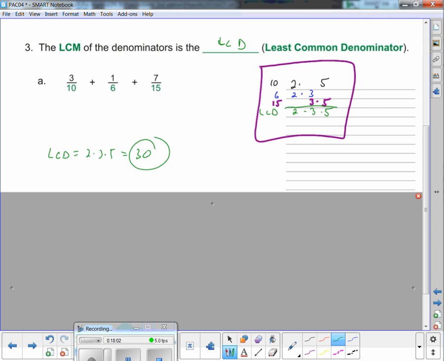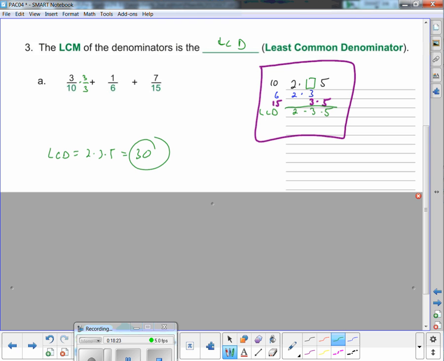Isn't the 10 missing the 3? If I were doing this problem, and again, don't do this, watch, I would multiply that first fraction by 3 over 3. I multiply the denominator by 3 to get a 30, and whatever I do at the bottom, I do the same thing at the top.